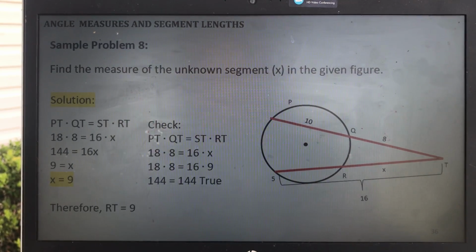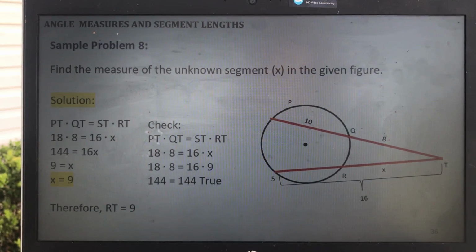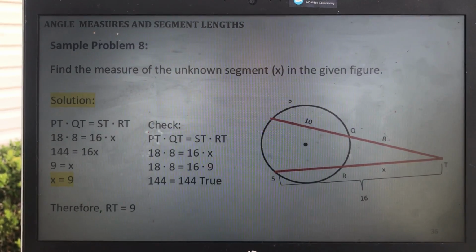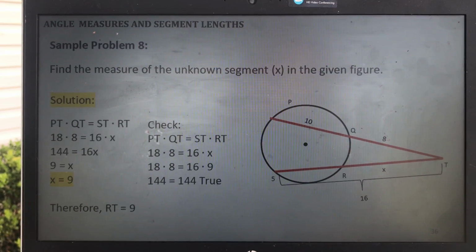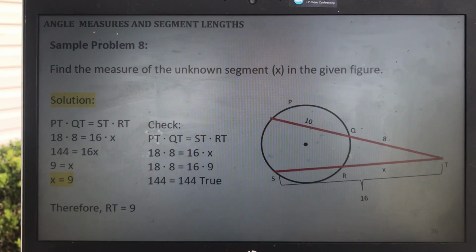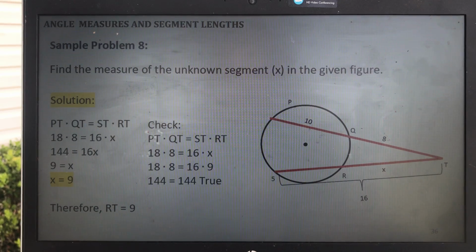So first we set up our equation in accordance to that rule, which states that the distance from P to T, which is secant number 1, times QT, which is the exterior segment of that secant, is going to be equal to the distance between S and T times RT, which is secant number 2. Now we substitute the values.